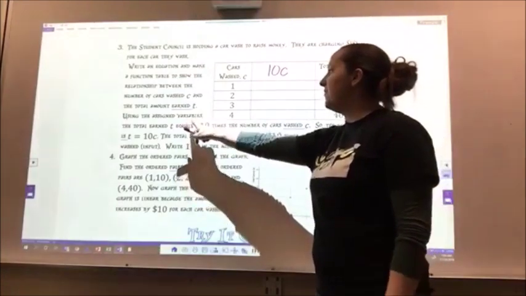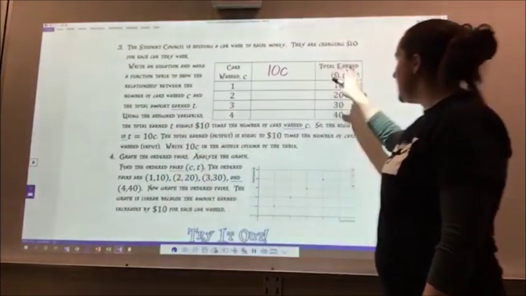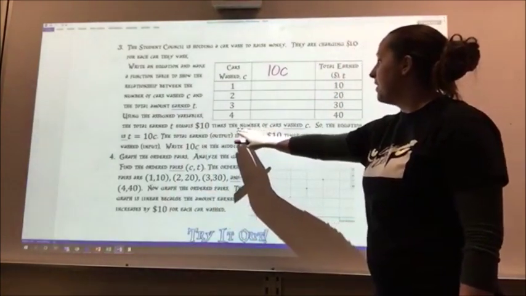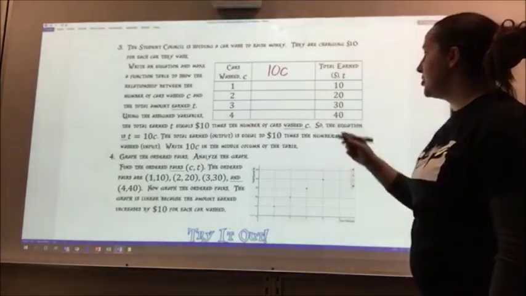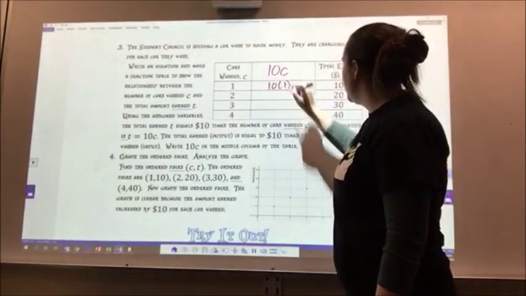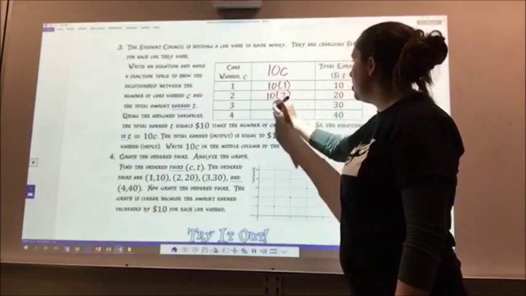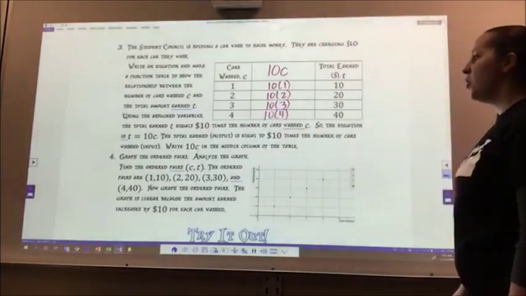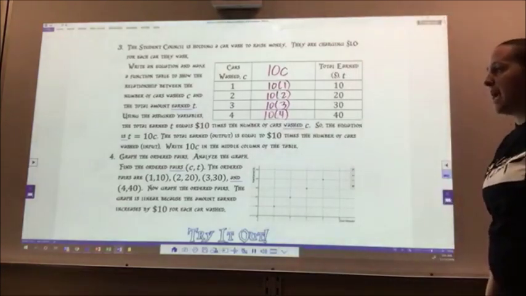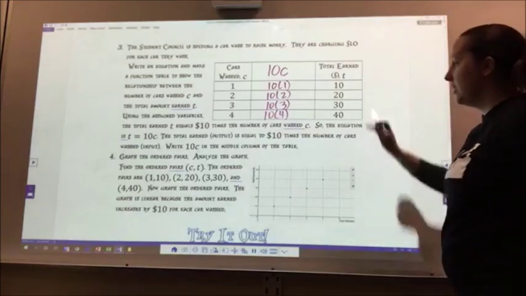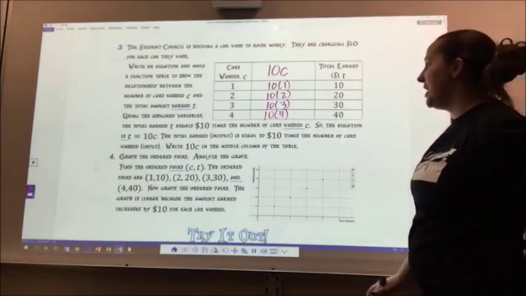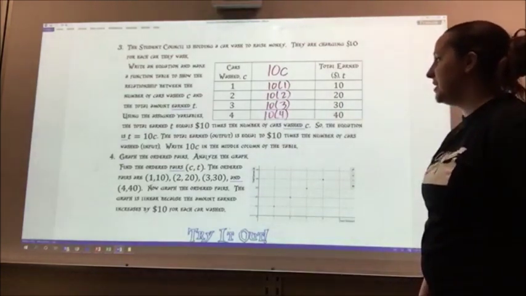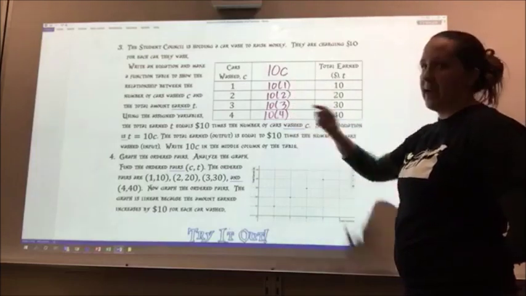Using the assigned variables, the total earned T equals $10 times the number of cars washed, C. So we can see 10 times 1 equals 10, 10 times 2, 10 times 3, and 10 times 4. So the equation is T equals 10C. The total earned, that's my output, is equal to 10 times the number of cars washed, which is my input. Write 10C in the middle column of the table, which we did, and then we filled that in.